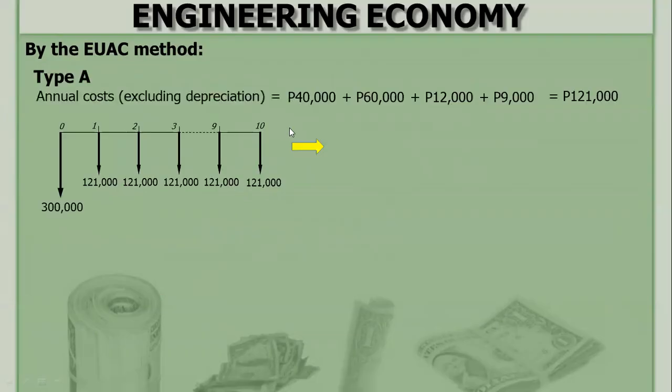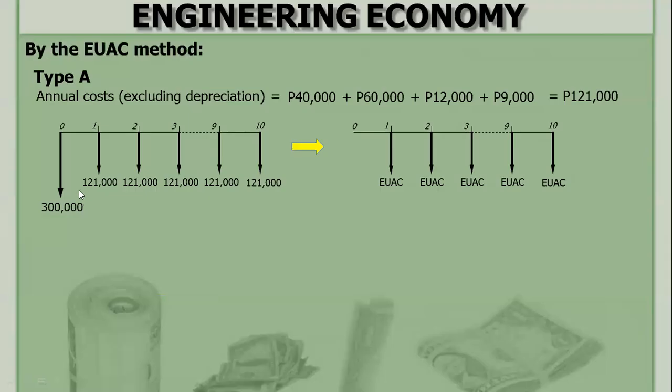And the last method is the equivalent uniform annual cost method. The cash flow is similar to the present worth cost method. And for this cash flow, we convert it to an equivalent uniform annual cost. So the 121 as is, is already uniform.